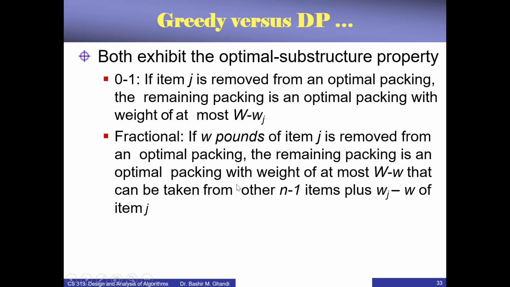If you add this, again you will see that there is no better packaging that will give you an optimal solution considering n minus 1 items. So actually both of them exhibit the optimal substructure property.